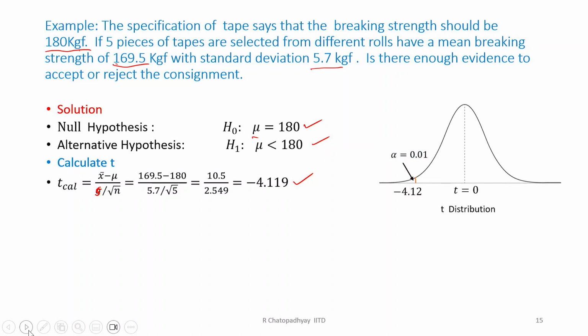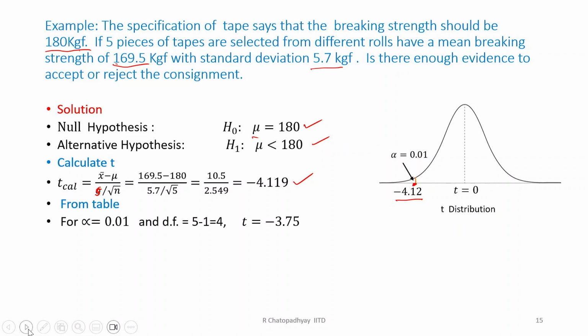And you see the T distribution curve is shown here, and the T distribution curve is very similar to the Z distribution curve. Now the value of T calculated is here. It is minus 4.12.